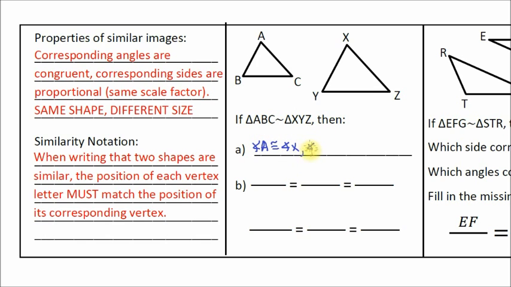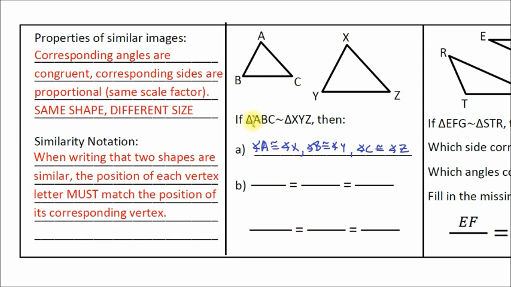We know that angle B must be congruent or correspond to angle Y. That's the second position letter. And then the third position, C, we know that angle C must be congruent to angle Z.